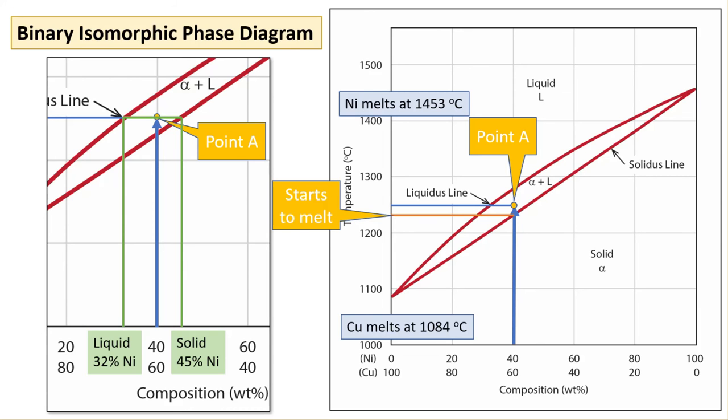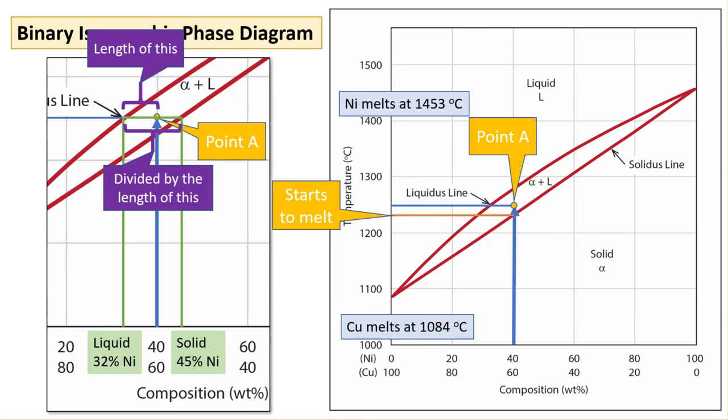Therefore, there will be more solid than there is liquid. The amount of solid depends on the ratio of the length of this line over the length of this line. And then the liquid is just 100% minus how much solid there is. This is called the lever rule.